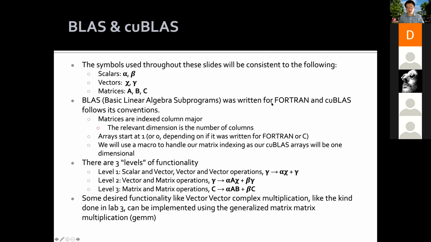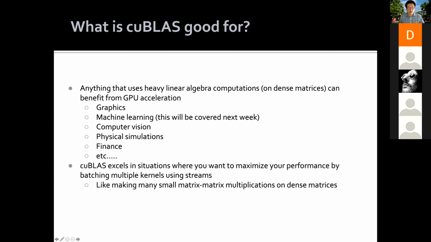BLAS was written in Fortran and optimized, as I mentioned, by a lot of vendors for different architectures. And CUDA has its corresponding functions, like vector multiplication. Anything that uses heavy linear algebra computation can benefit from GPU acceleration.